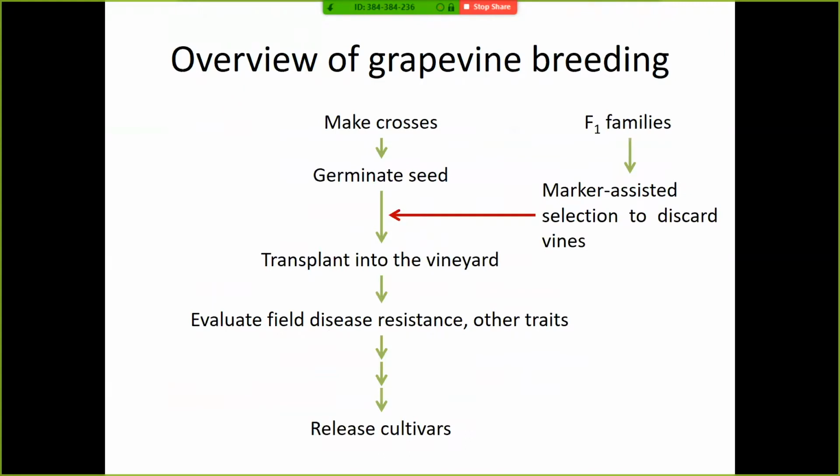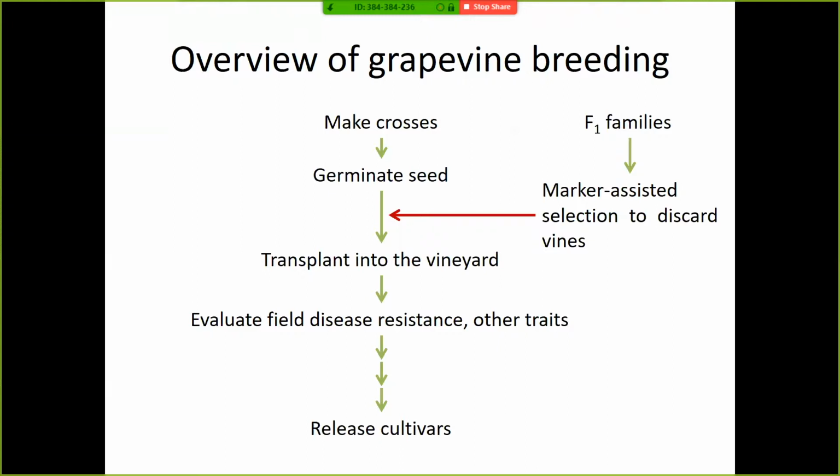So, how grape breeding works in the Cornell process: we germinate seed. Then, if we have markers for traits such as disease resistance or seedlessness, which we have obtained from QTL analysis of F1 families, those seedlings are transplanted into the vineyard.